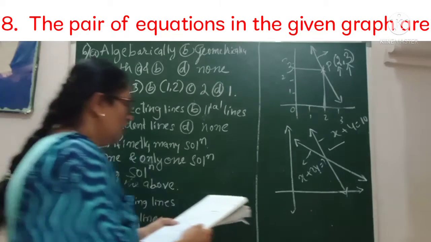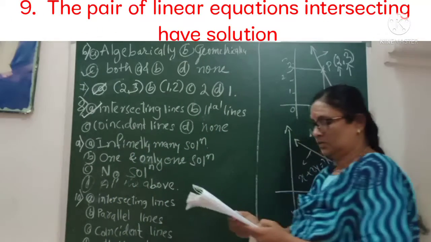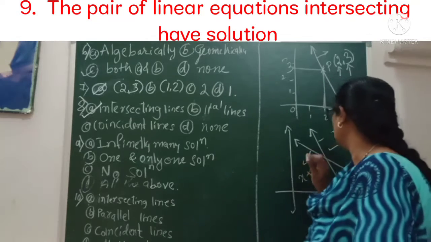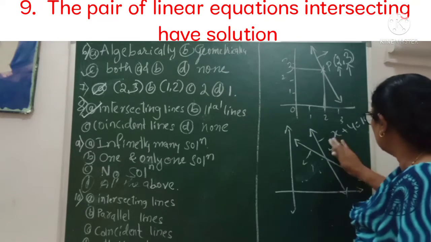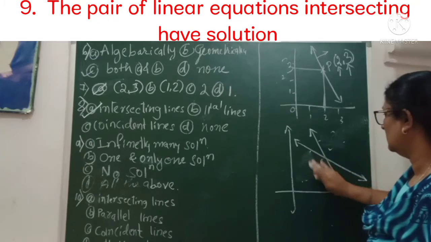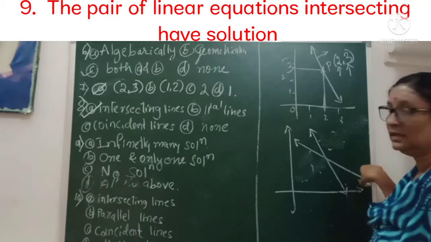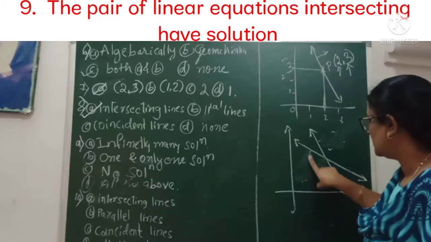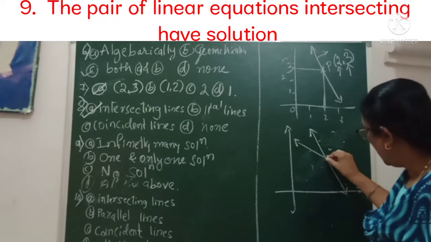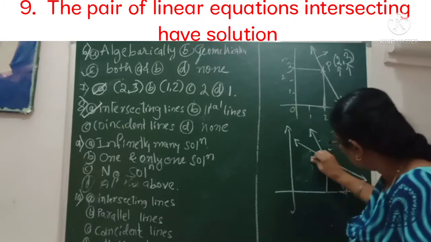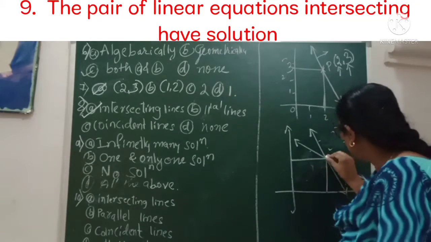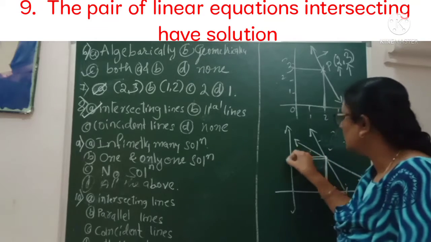Now I will move to the next one. The pair of linear equations intersecting have, okay, as you know, a pair of linear equations. When they are intersecting, how many solutions do they have? Intersecting means two lines intersect at only one point. So you are going to get only a single point.